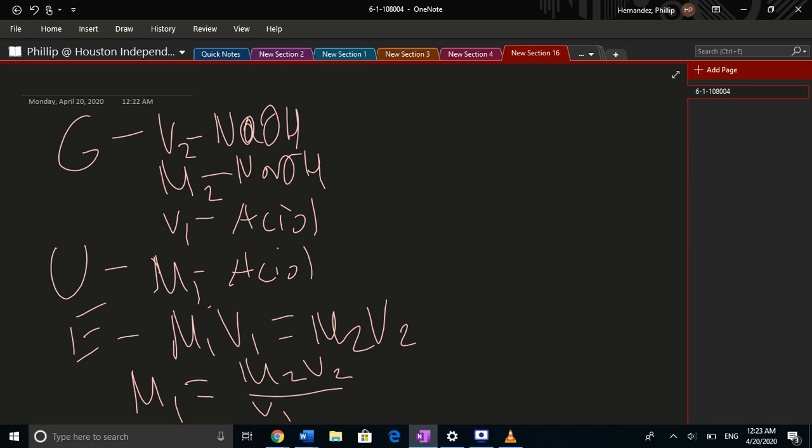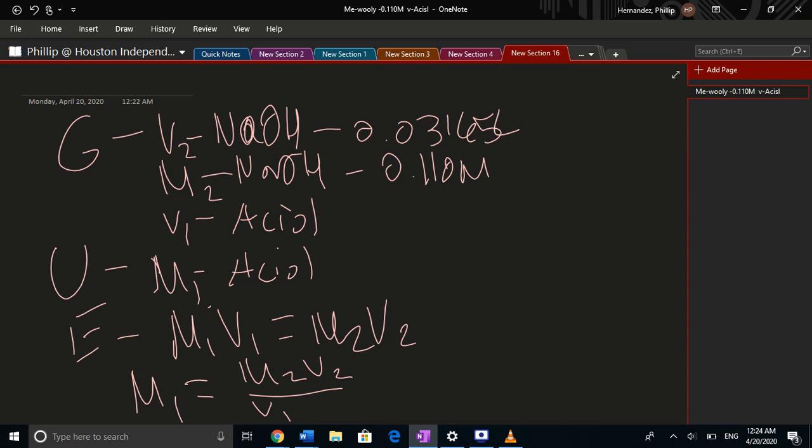Good. It's already been given that our molarity for NaOH was 0.110 molar. The volume of our sodium hydroxide was 0.03165 liters, and again I just converted my milliliters to liters.